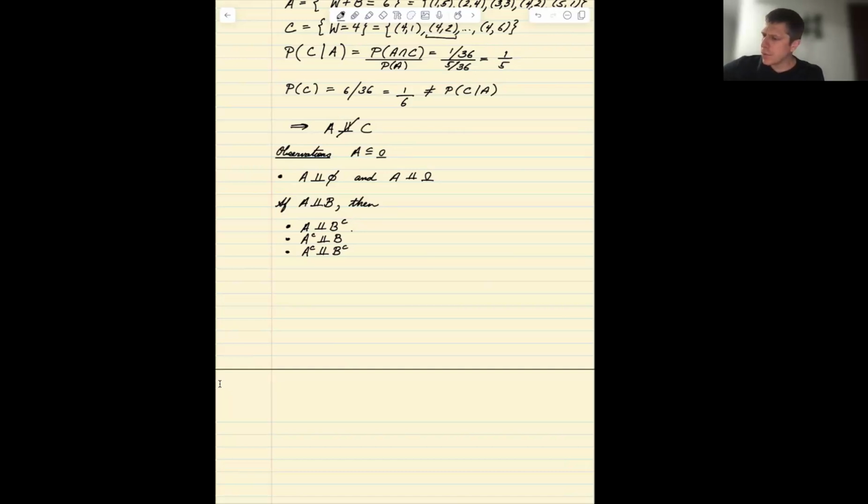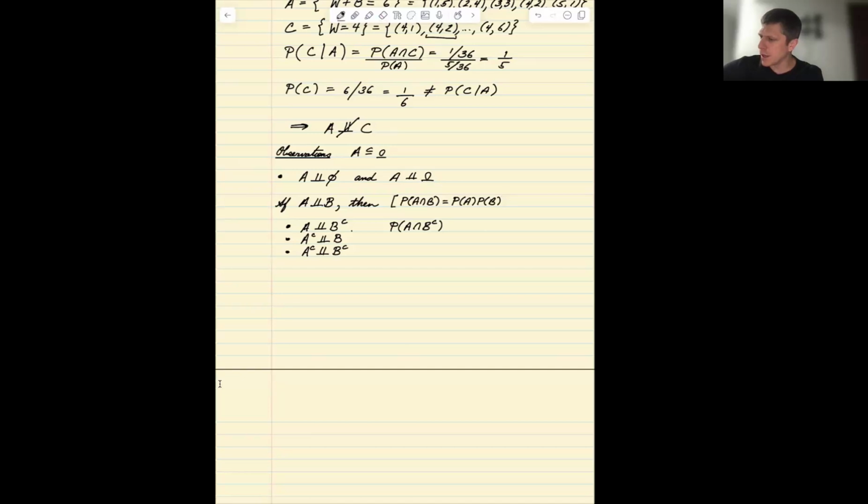The one that we have to prove is the probability of A intersect B complement. We're talking about independence. At first we only know that A is independent of B, so we only know that probability of A intersect B is the product, probability of A times probability of B. We don't know that A is independent of B complement.